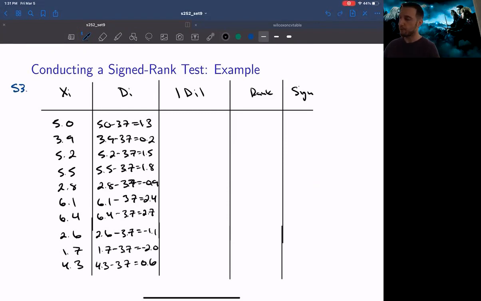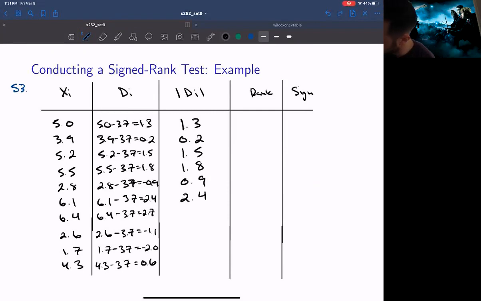Now we're going to take the absolute values of these: 1.3, 0.2, 1.5, 1.8, 0.9, 2.4, 2.7, 1.1, 2.0, 0.6.